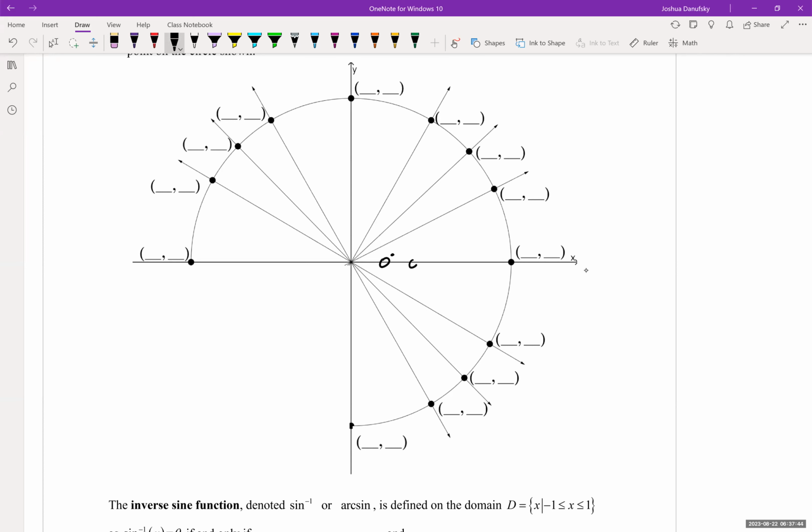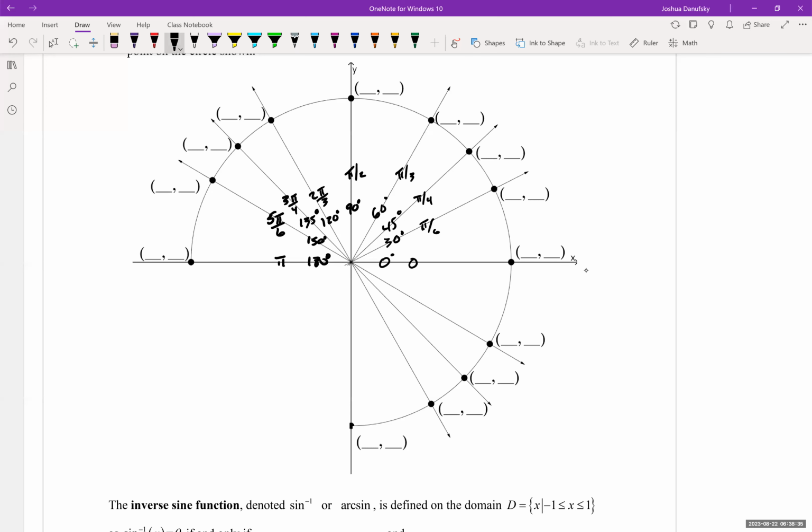So here's 0 degrees, 0 radians, 30 degrees, pi over 6, 45 degrees, pi over 4, 60 degrees, pi over 3, and so on. All right, so we've got that.